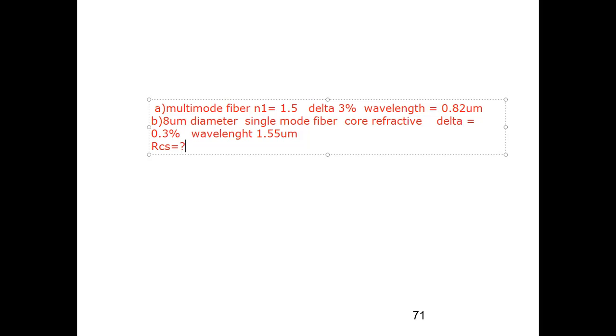So you have two formulas. Do it quickly.